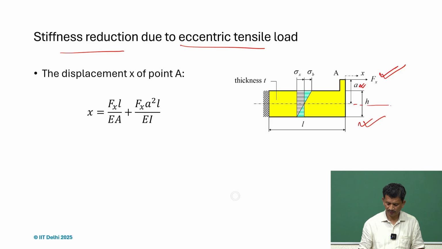So what happens because of that? There are two things happening. Equivalently, there will be Fx, the axial force, which gives us sigma x.